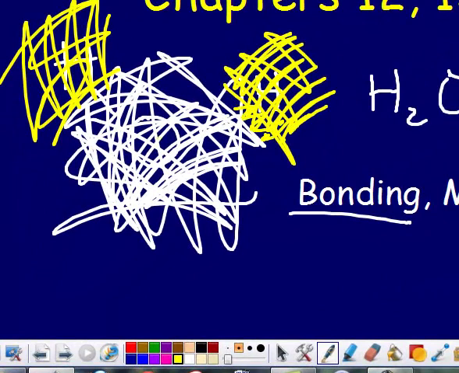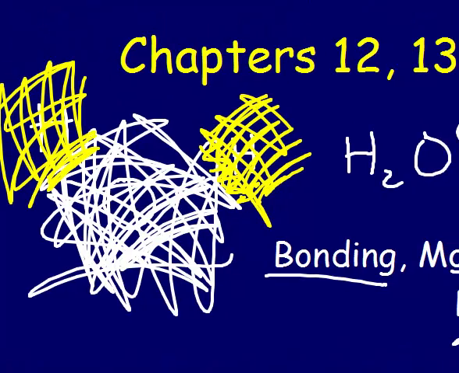So, you know, oxygen is going to distort hydrogen's electron cloud, hydrogen is going to distort oxygen's electron cloud, and there's an interaction here that causes these two to stick together. Well, one of the big parts of this is this idea of electronegativity.